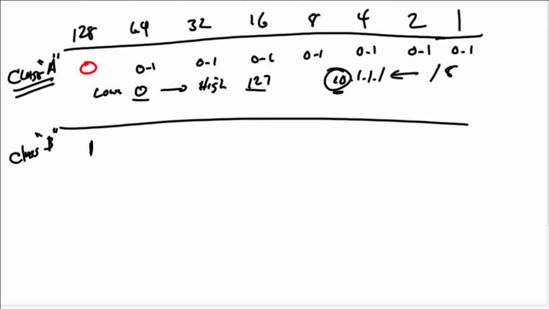So now we have 1, 0. So if these aren't allowed to change, 0 means 64, 1 means 128. So that means the lowest numeric value that I can put in place is going to be 128. So that's my lowest. Now that means the rest of these numbers could be 0 or 1.